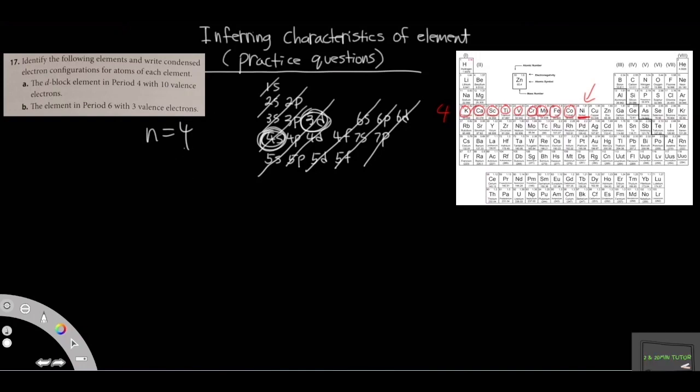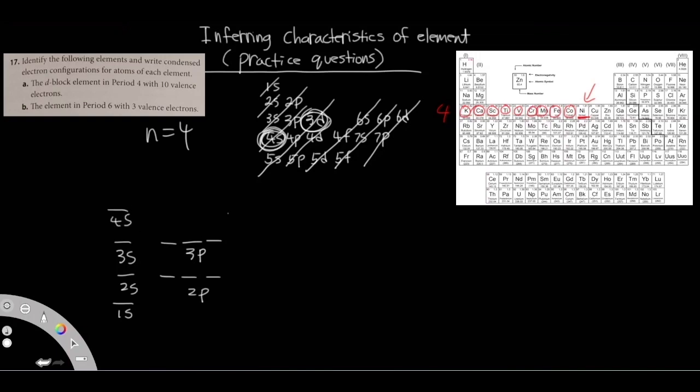So if I were to draw this out, let's say we have our 1s, our 2s, our 2p's, then our 3s, then our 3p's, then our 4s, and then our 3d's.